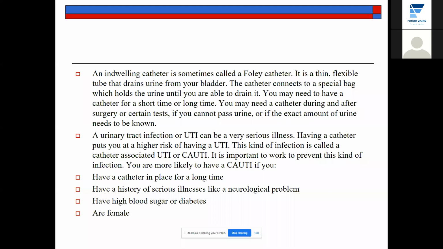What does a short term mean? When do you think you would put a catheter for a short term and when do you put a catheter for long term? So when do we put the catheter for short term and when for long term? Which case?